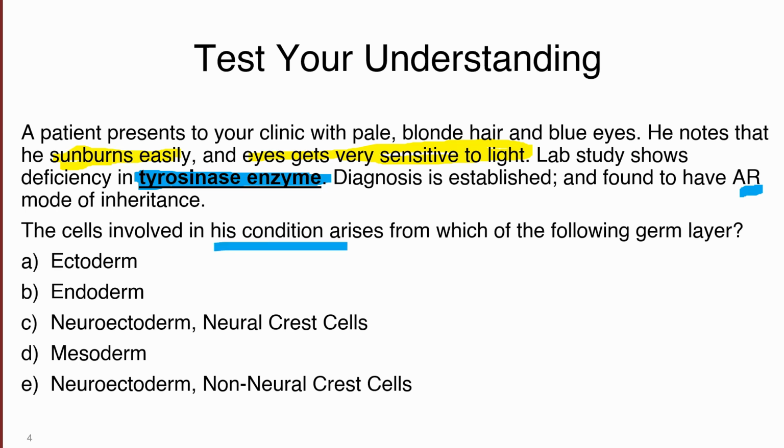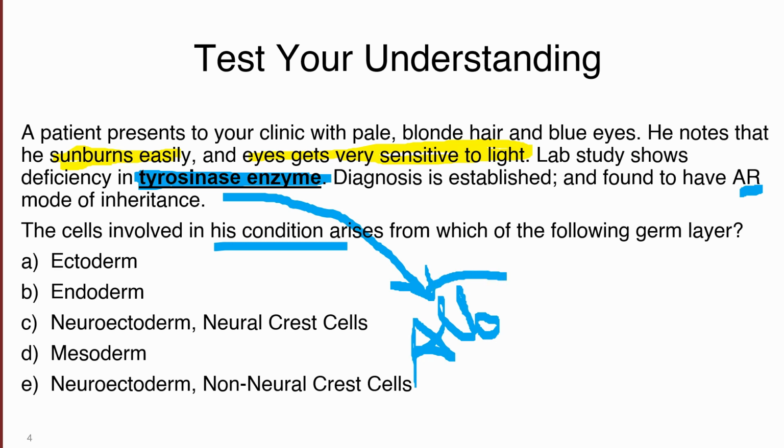Based on this clinical information, we must be able to identify that this person is deficient in the tyrosinase enzyme, which indicates he is suffering from the condition known as albinism. He is deficient in melanin, and melanin is produced from melanocyte cells.